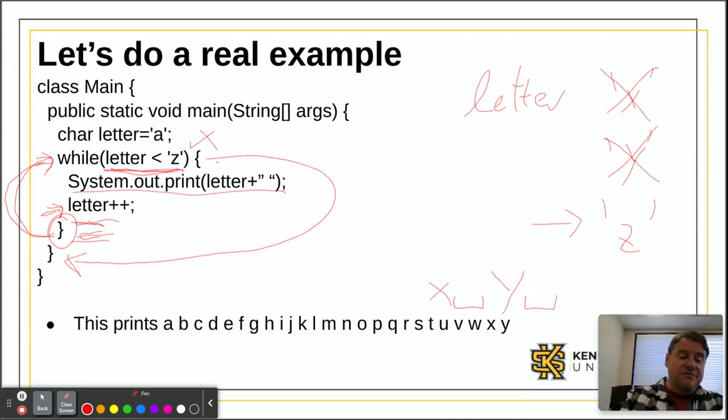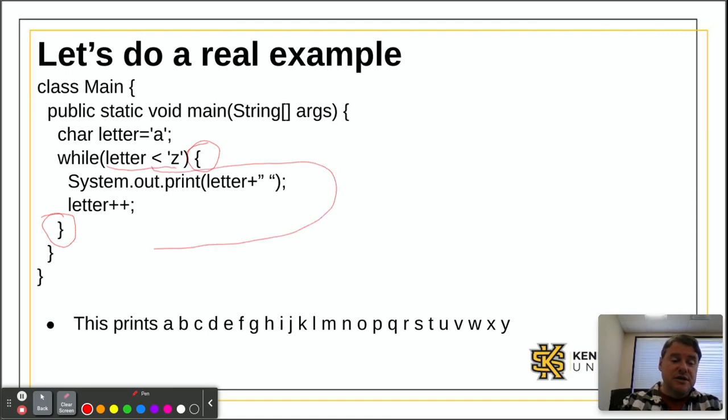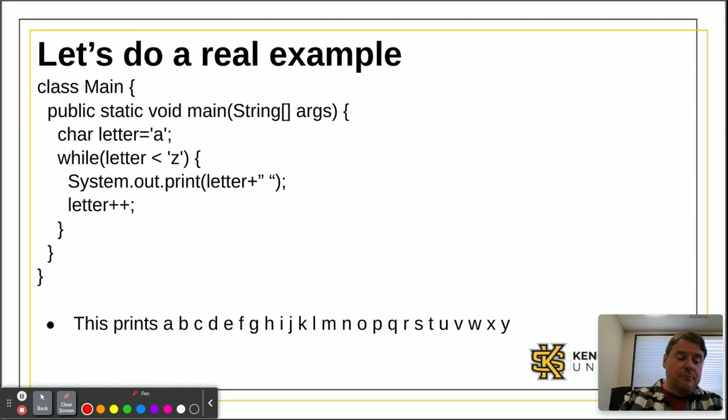And this is why we have these closing curly braces in there, because this is related to this. They are the beginning and the end of the while loop. And so the while loop will do everything in between those two points until the Boolean is false. And once the Boolean is false, it will move on to the line underneath the closing curly brace, whatever that may be. All right, so that's how a while loop works.